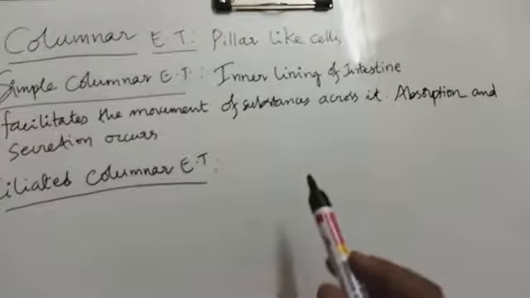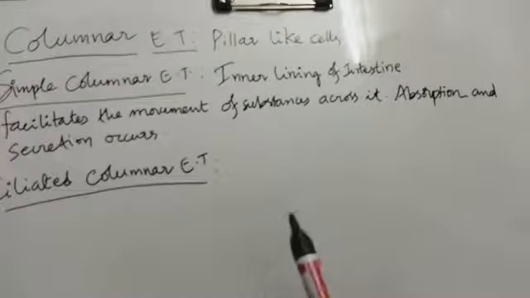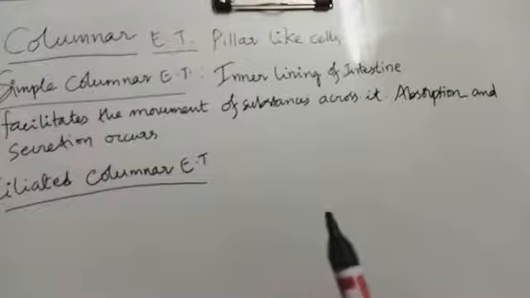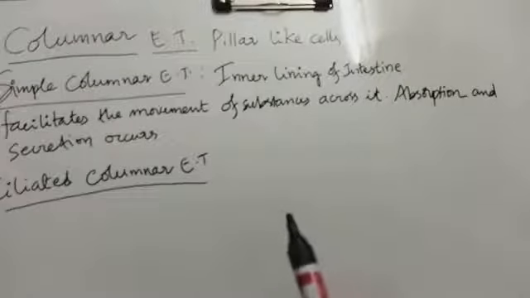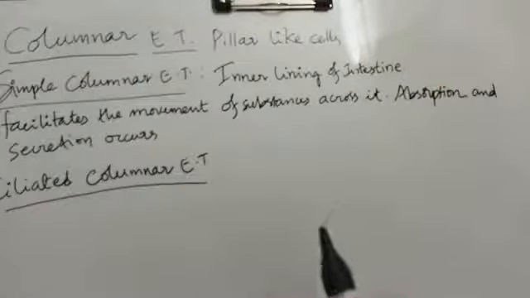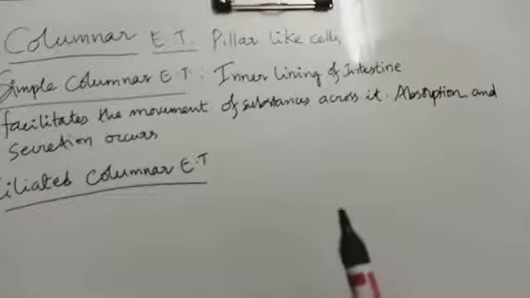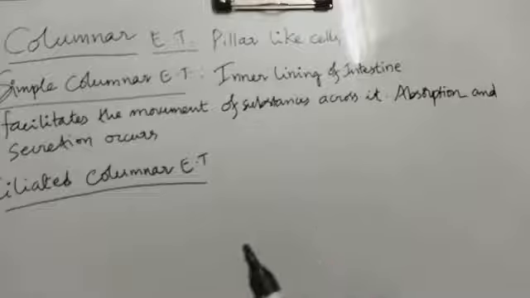Same pillar-like cells only are present, but these pillar-like cells have hair-like structures attached to their surface. These hair-like structures are called cilia. As cilia are present attached to the surface of these cells, this epithelial tissue is known as ciliated columnar epithelial tissue.